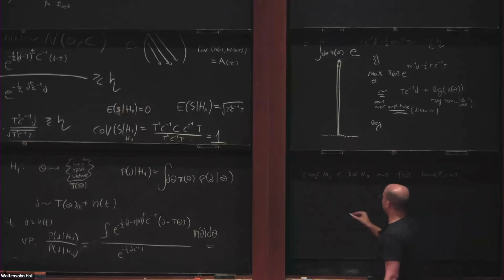Okay, and if I look at the 1 to 2 solar masses, so that's formally the neutron star black hole mass, then I'll have something like 10 to the 5 waveforms.